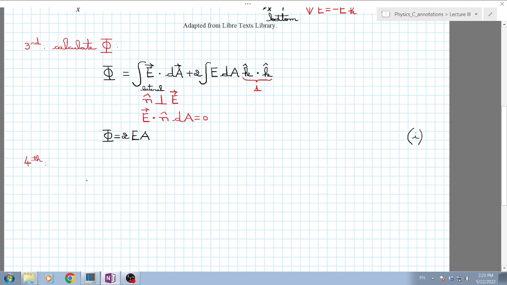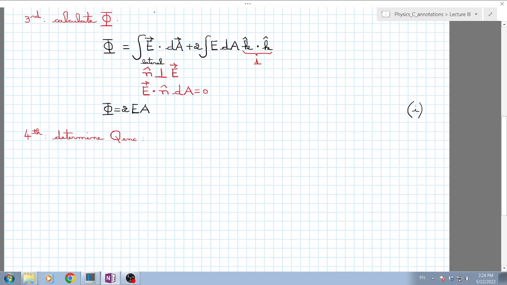The fourth step here is to determine the enclosed charge. I have to determine that, and this is very easy since we have the surface charge density.